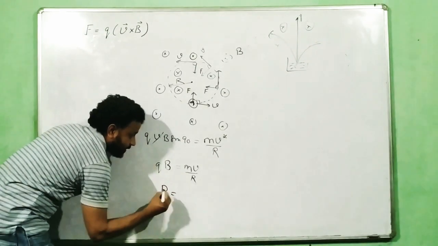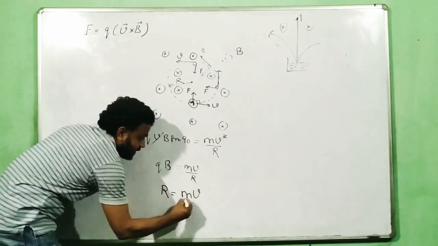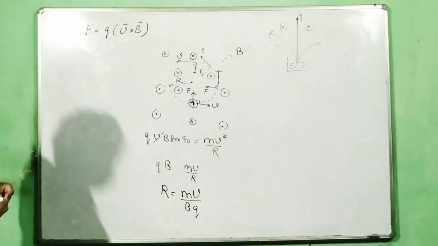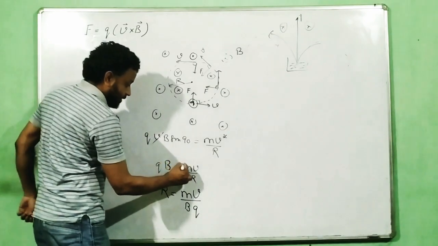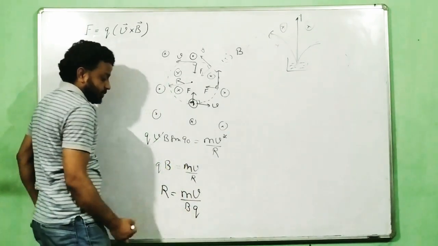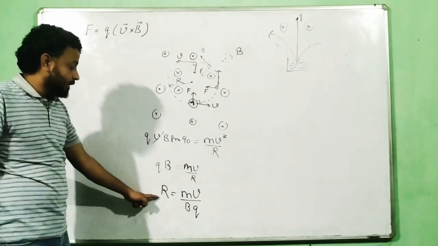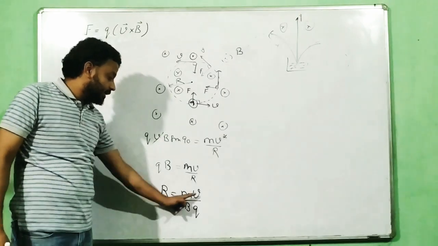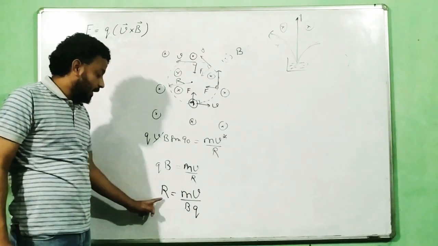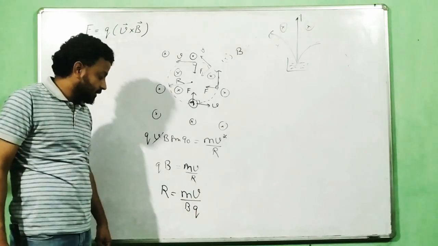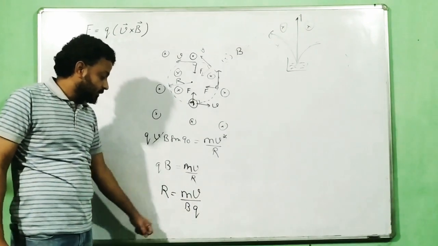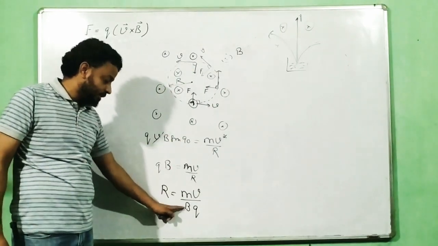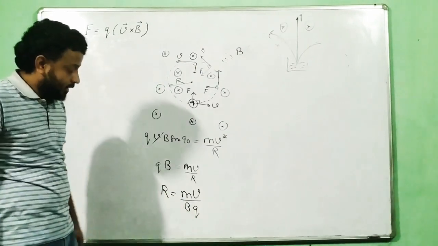So radius will be equal to mv divided by B times Q. Now look at here, r is directly proportional to velocity, directly proportional to mass, and inversely proportional to charge and magnetic field. The magnetic field will not disturb much, but yes, Q and m will disturb a lot.